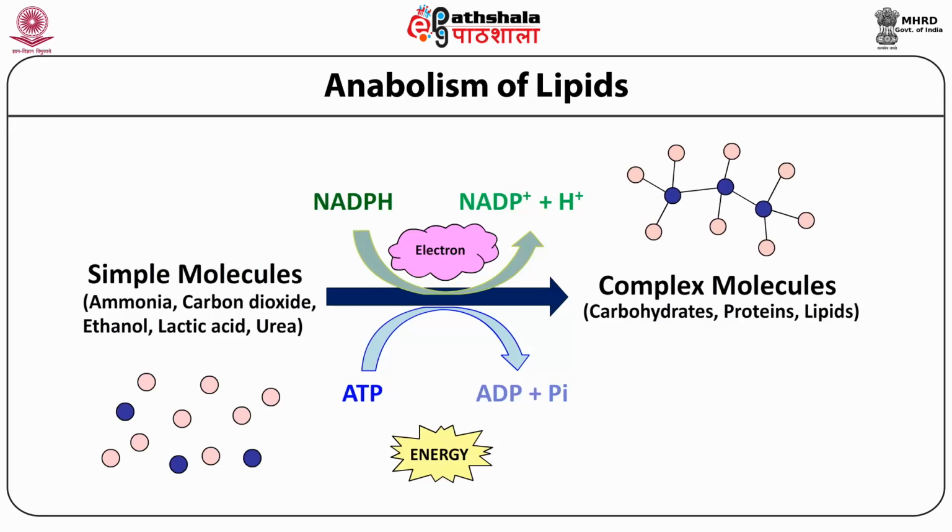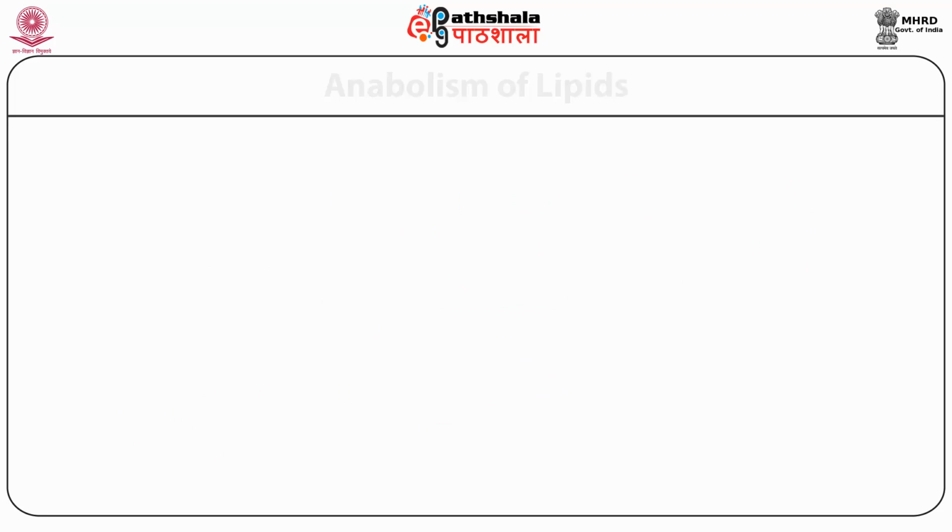The reaction requires NADPH, where electron transfer takes place, resulting in the formation of NADP and hydrogen ion. As discussed before, the adenosine triphosphate serves as the energy source for the reaction.